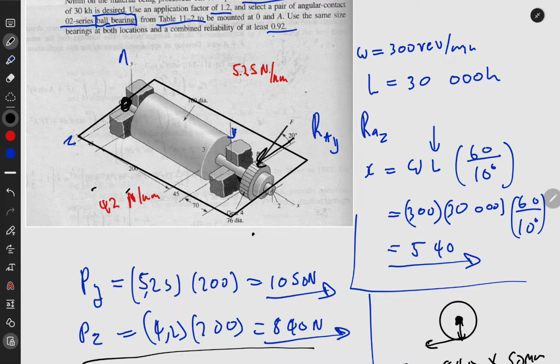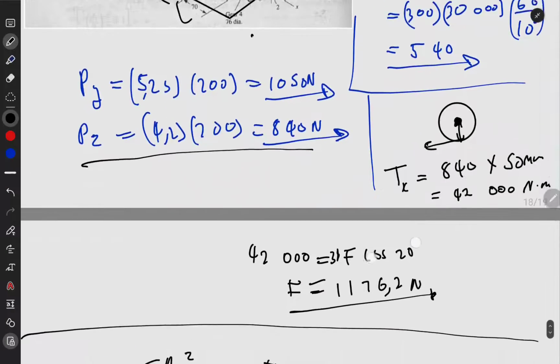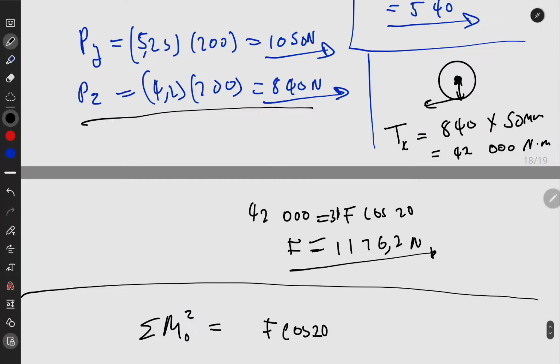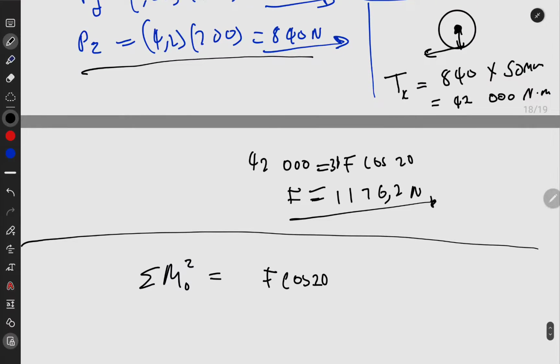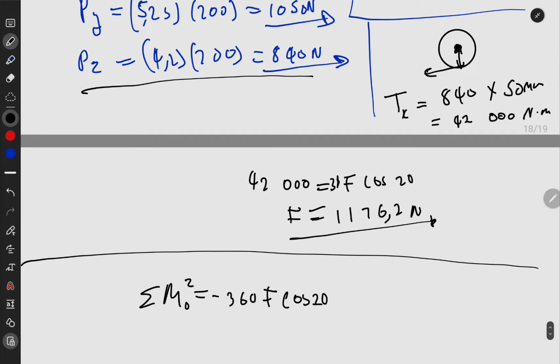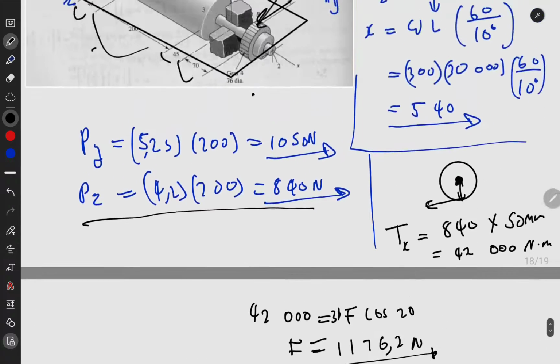The arm here is going to be this 45 plus this 200 plus this 45 plus that 70, and if you add all of them up, you're going to get 360, right? And that's negative because of my choice of direction, which means the other ones will be positive.